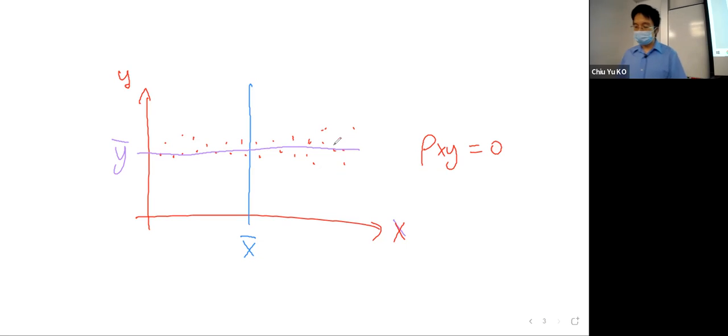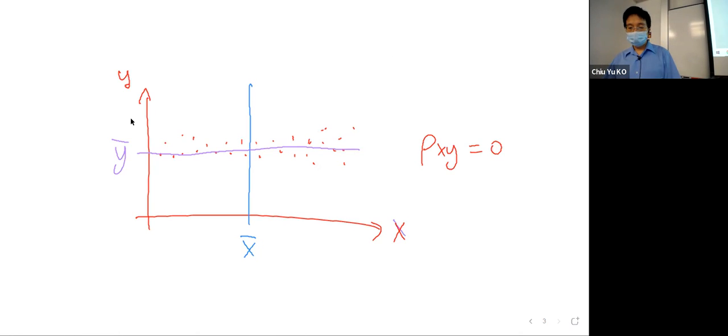Or I can tell you that y is above its mean. For x, is it going to be less than the mean or above the mean? You can't tell, okay? So that is one way that you have this equal to 0. Of course, there are many ways you can generate the graph, but this means there is no linear relationship.